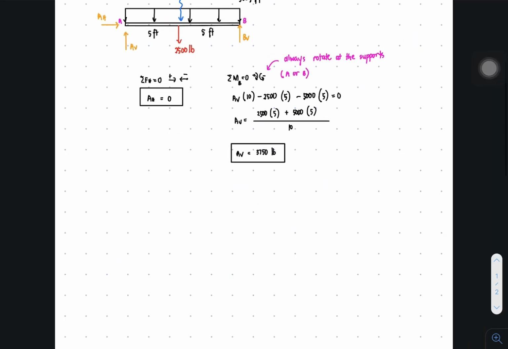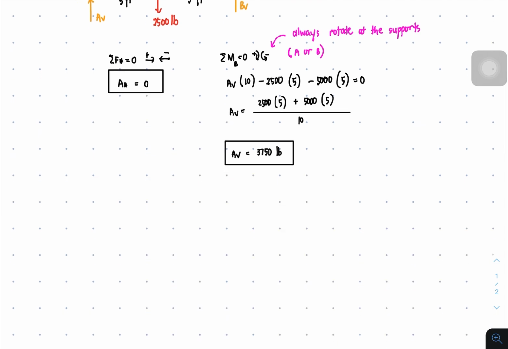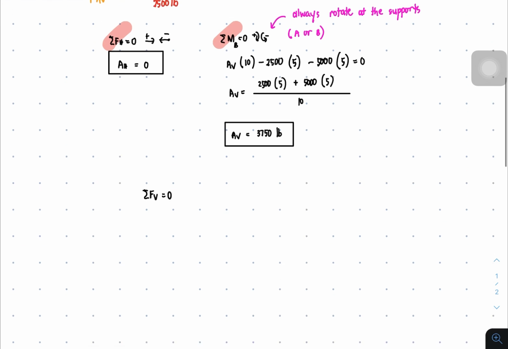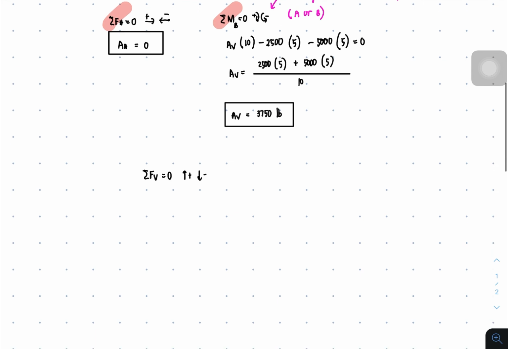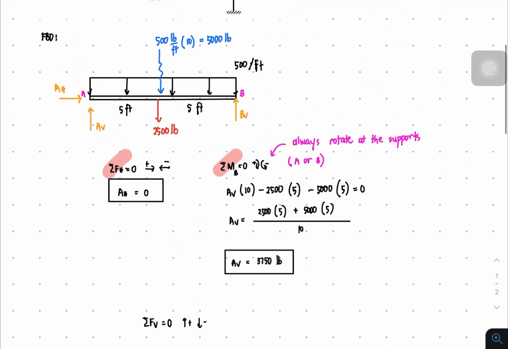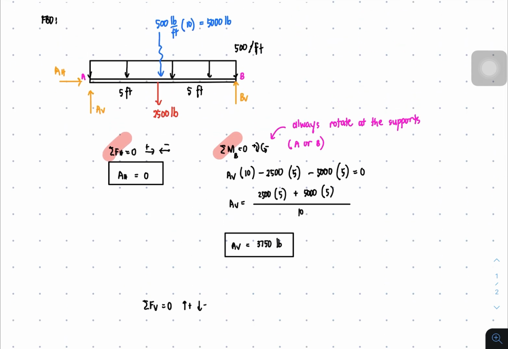Next is the last equation, since we're through with the summation of forces horizontal and summation of moment. The last equation is summation of forces vertical equal to 0. Upward is positive and downward is negative. What are the forces on the vertical side? There are 4 forces: AV, the 2,500, the 5,000, and BV. We're going to solve for BV.